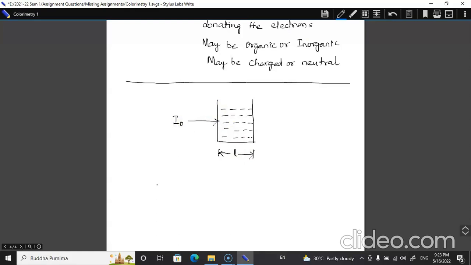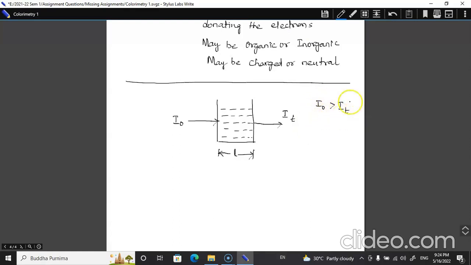Then what happens? Different phenomena take place at this point. Obviously a part of the light will be transmitted, and I0 is always greater than IT: the intensity of incident light is greater than the intensity of transmitted light.